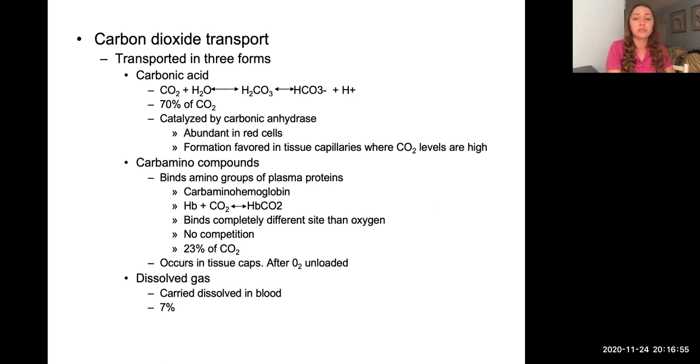And basically there's no competition between the oxygen and the CO2. It makes up about 23% of the carbon dioxide that's transported to the lungs.